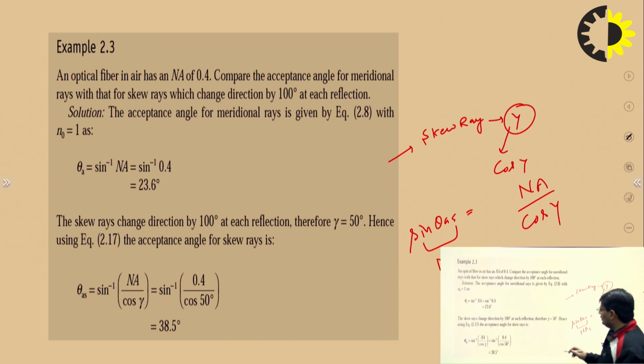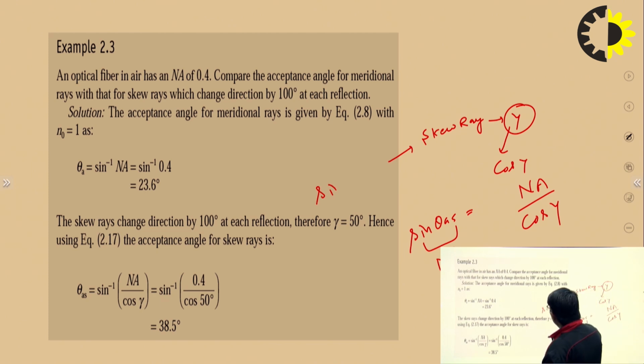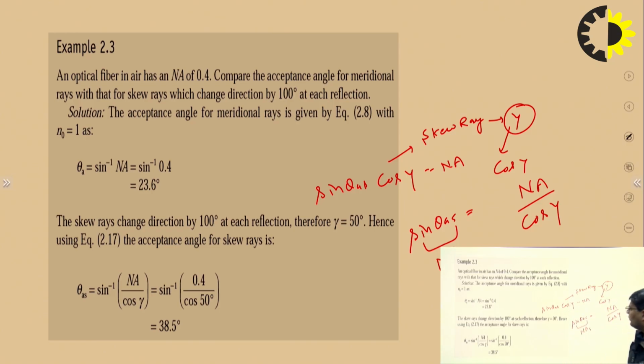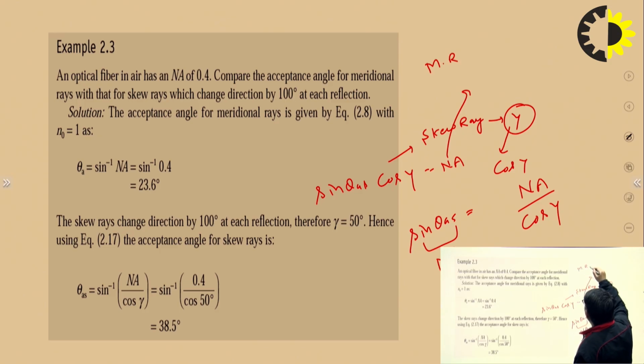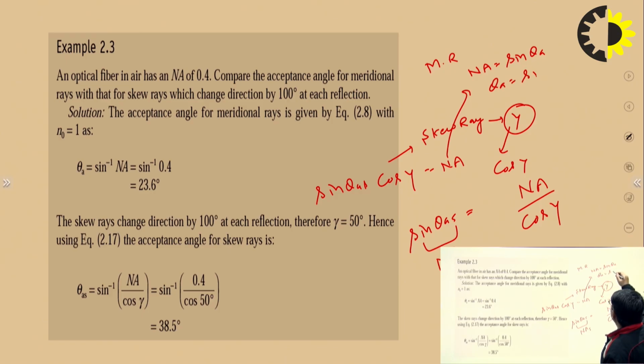Or we can say that sine of theta_s into cos of gamma will be equal to the normal numerical aperture. For the meridional ray, numerical aperture is given by sine of theta_a, or theta_a equals sine inverse of numerical aperture.